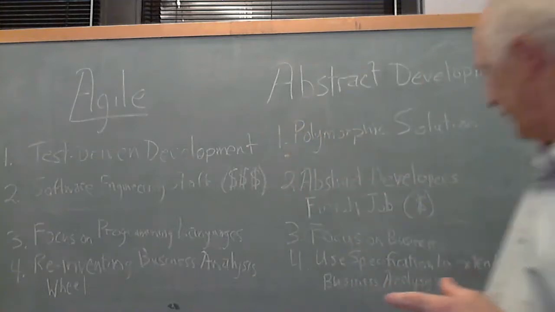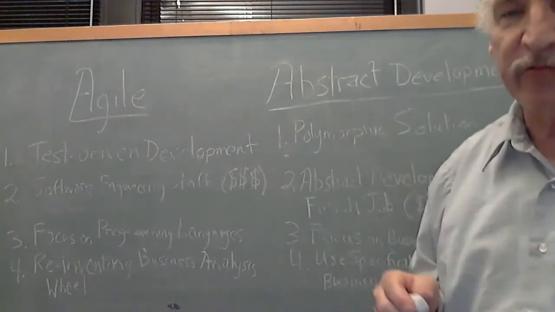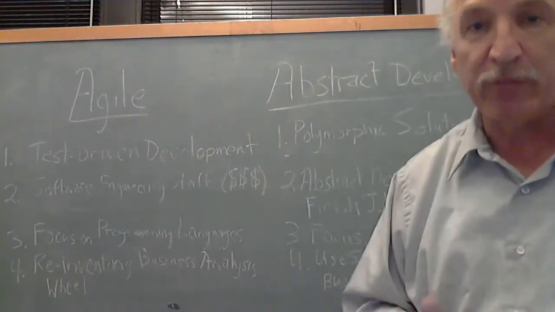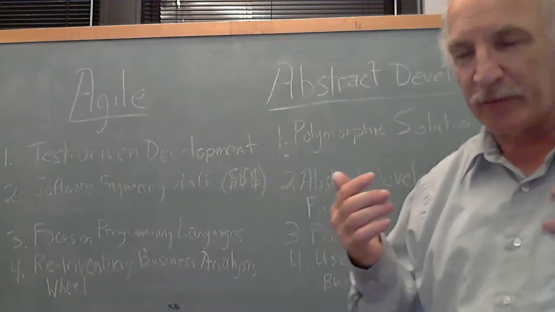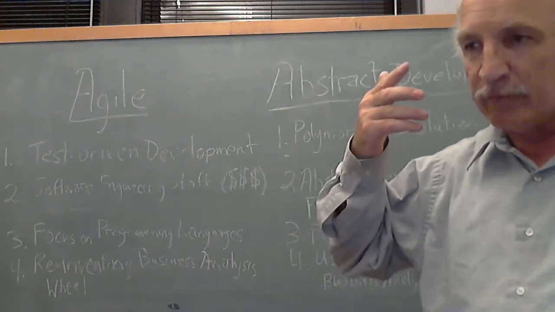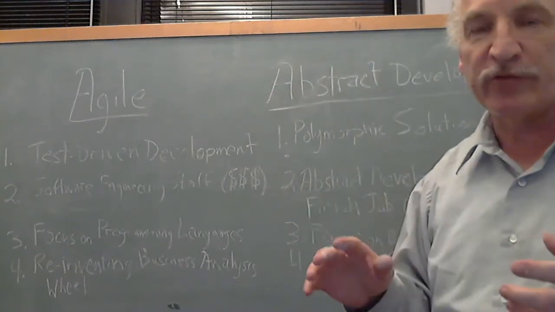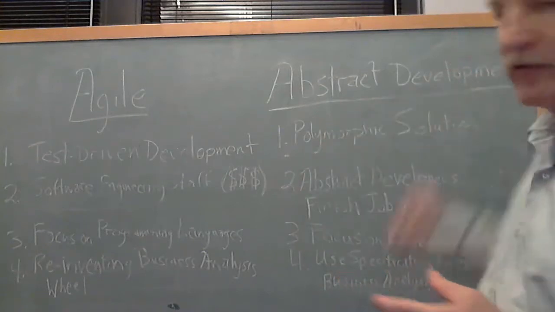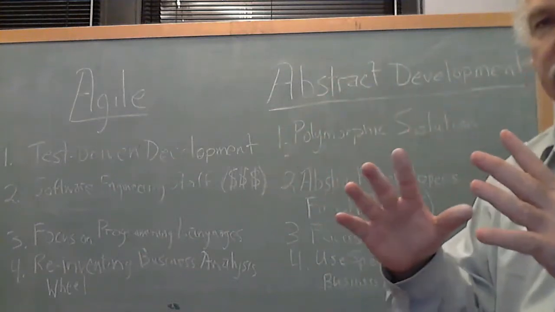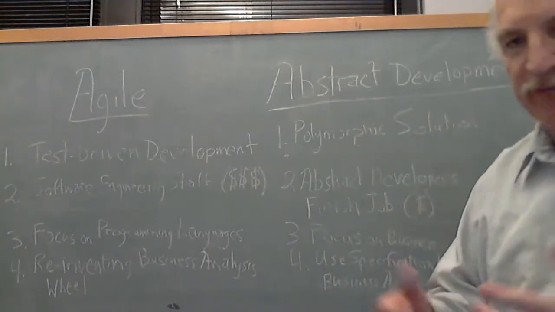And you can see that the abstract development is the more efficient of the two, and it is the one that is actually solving the problem, so that the business has something that they can use with their own models, their own approach to their business problems, to use the abstract development solution again and again and again, simply by refining their specifications, adding to them, changing them, clarifying them.